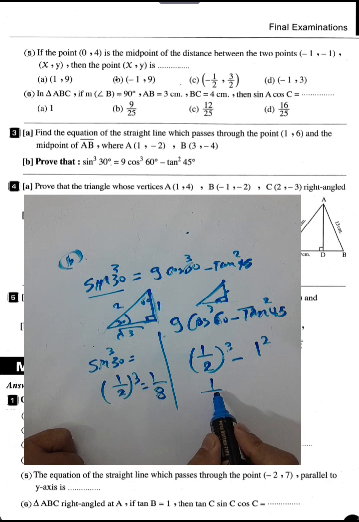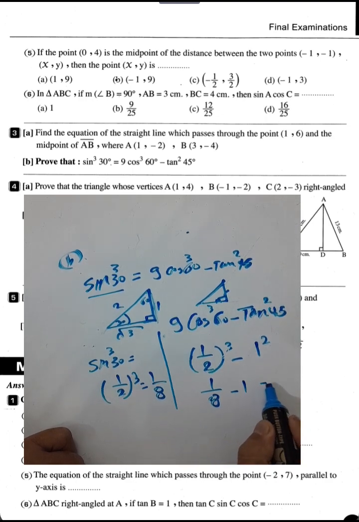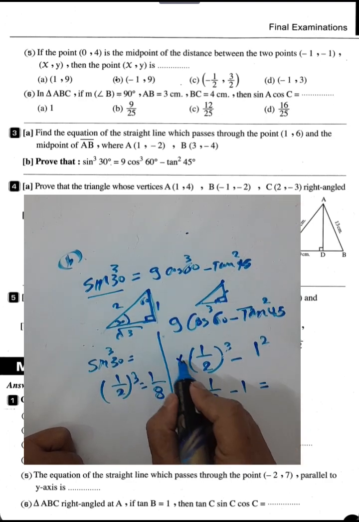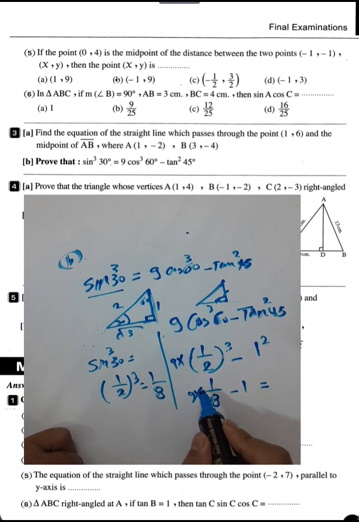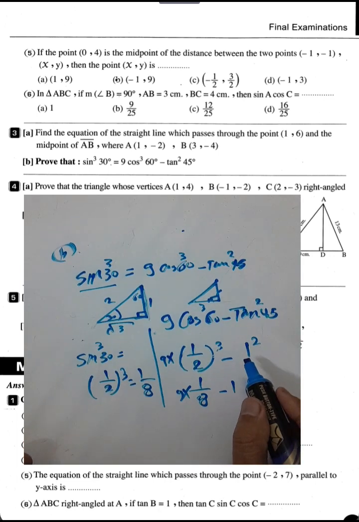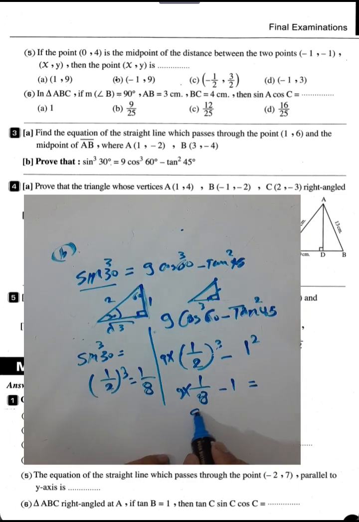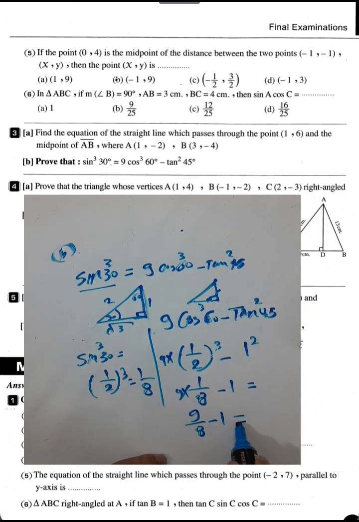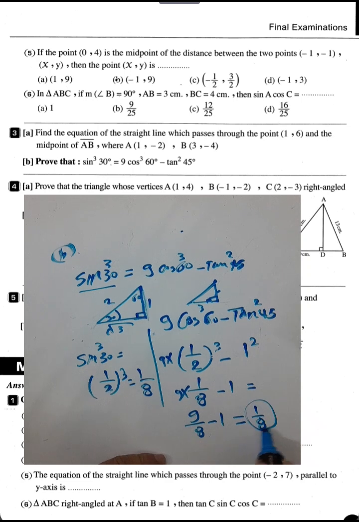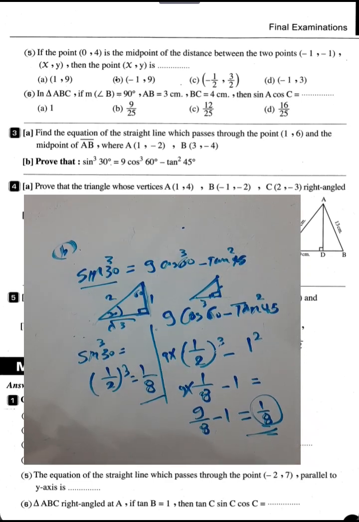Then the result will be 9 over 8 minus 1, which is 1 over 8. The left hand side equals the right hand side.